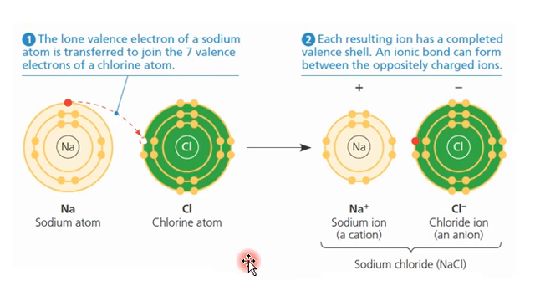In the NaCl molecule, Na has 11 electrons, whereas Cl has 17 electrons. That means the outer shell of sodium possesses one extra electron, whereas the outer shell of chlorine possesses a total of 7 electrons, meaning it requires one extra electron to fulfill its outer shell.